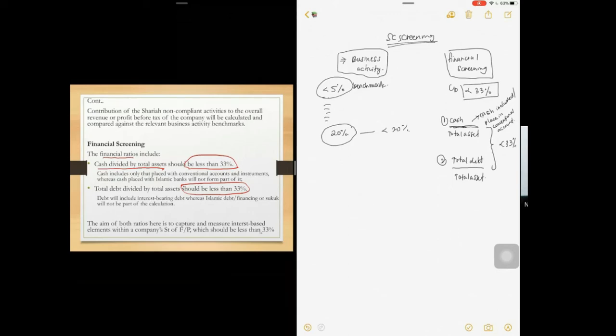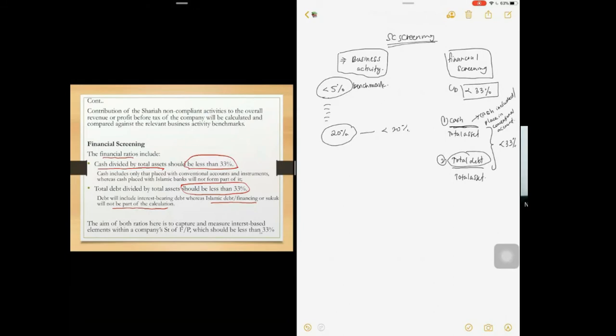Dia cakap debt yang will include in this total debt is the interest bearing debt, whereas Islamic debt ataupun sukuk will not be part of the calculation. Sebab kita sekarang tujuannya nak screen dan syariah compliance punya debt. So kita kena ambil total debt yang ada interest je dalam dia. Okay, yang syariah compliance punya debt tak payah ambil kira.